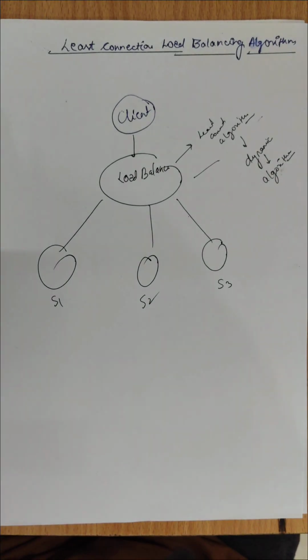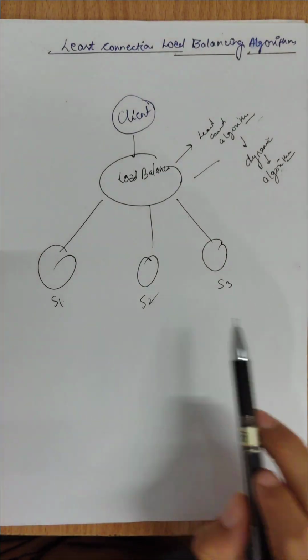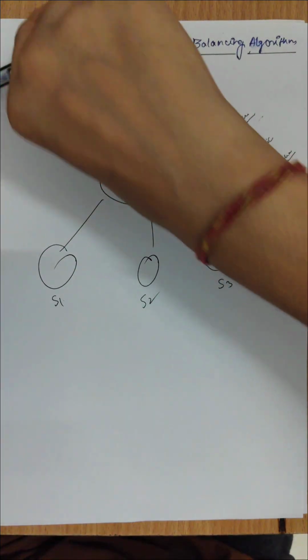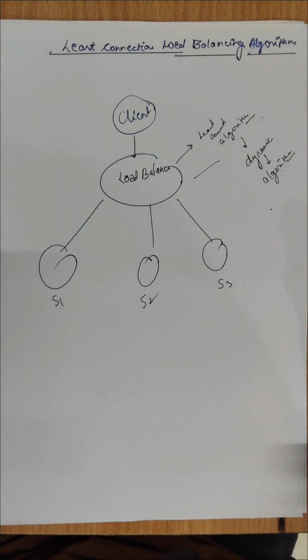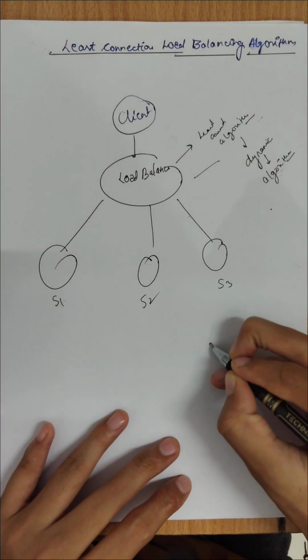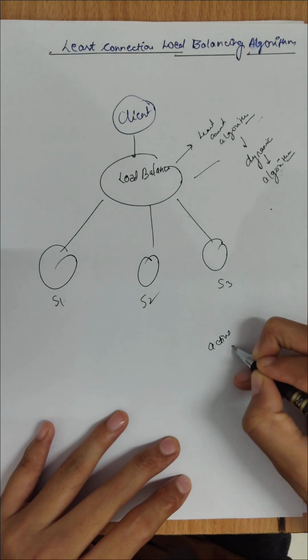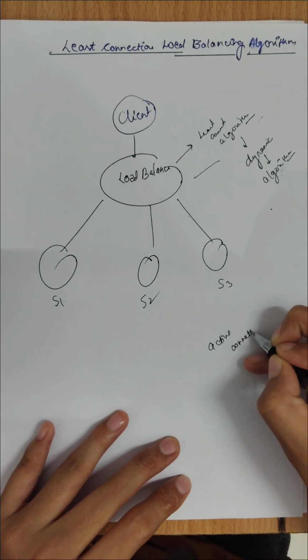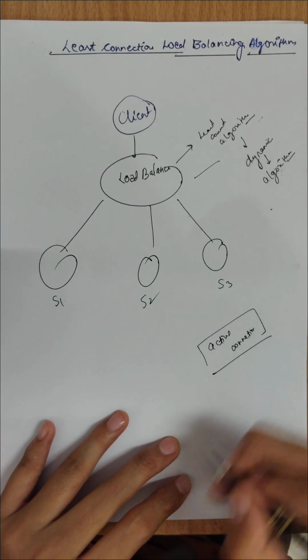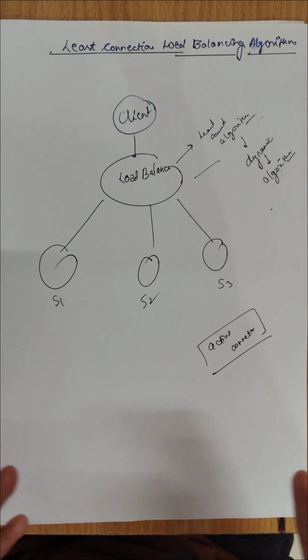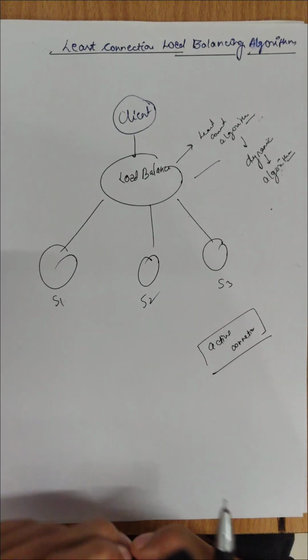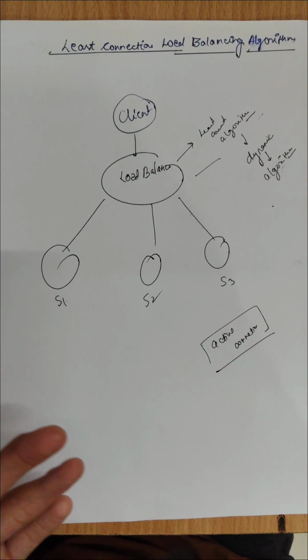Okay. So in this algorithm, let's say we are using three servers. We have one load balancer and it is supposed to distribute the requests among these three servers. The load balancer keeps track of the active connections. Now what do I mean by active connection? Active connection basically means the number of requests on each server which are not finished yet.